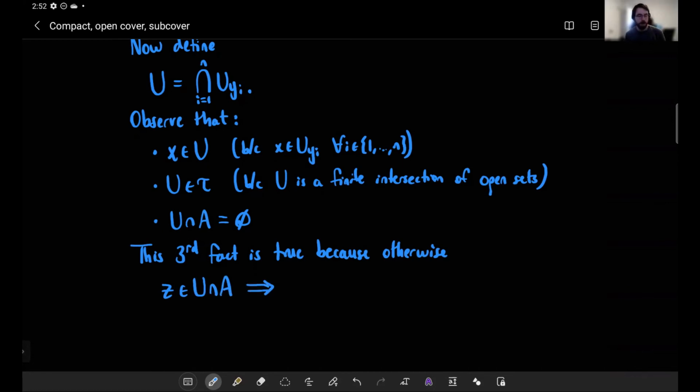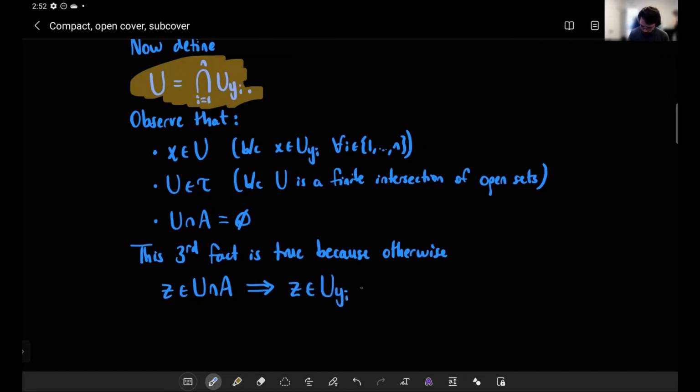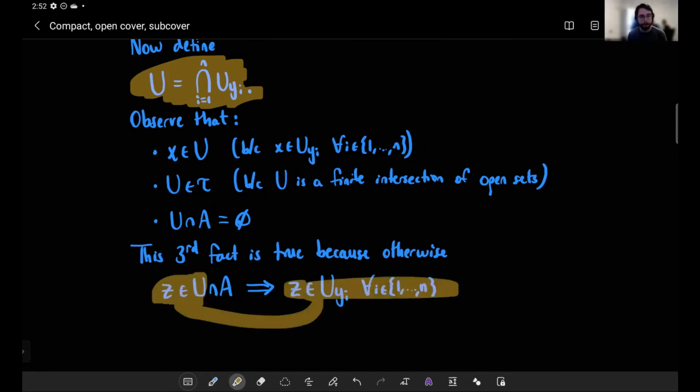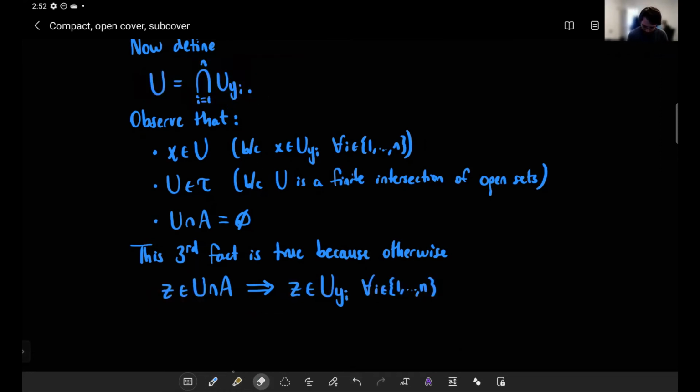Well, if Z is in U, well, that's the definition of U. That means Z is in U sub y sub i for all n of those sets. So Z being in U implies that. What about Z being in the set A?